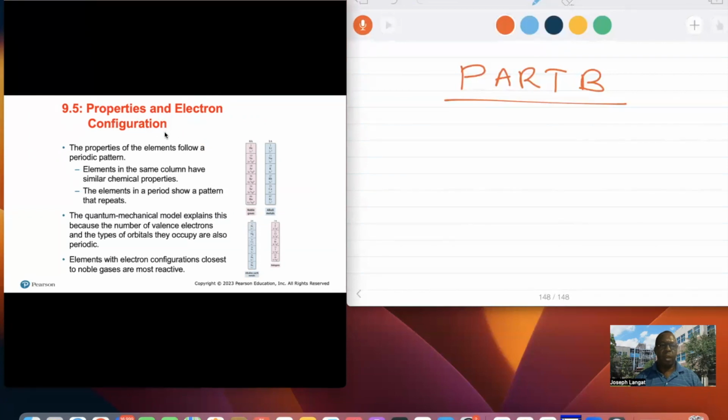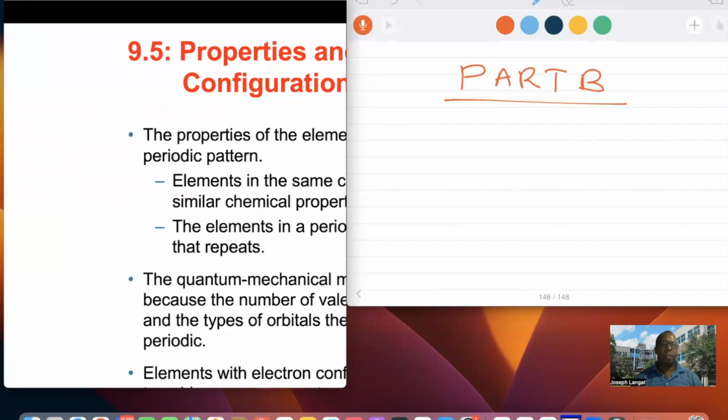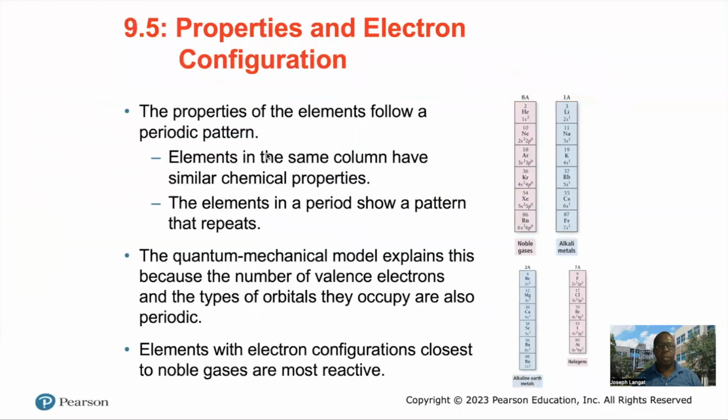The quantum mechanical model of an atom explains the chemical reactivity of elements, in the sense that elements in the same column, which is the same group, such as group 8A, react the same way, or they are inert. It means they do not react because they have a valence shell completely filled with electrons.